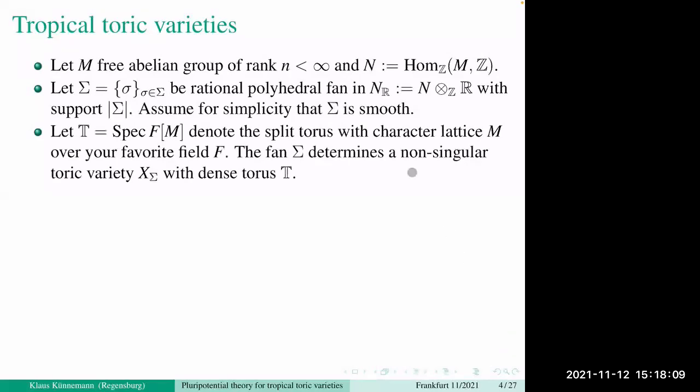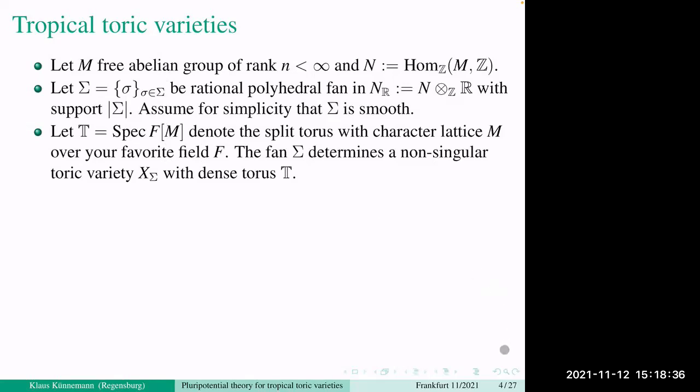Then there is an associated split torus with character lattice M. It's the spectrum of F[M], where F is your favorite field. And the fan sigma determines a non-singular toric variety, which we will always denote by X_sigma, with the dense torus T. So these are the algebraic toric varieties, which you have seen.